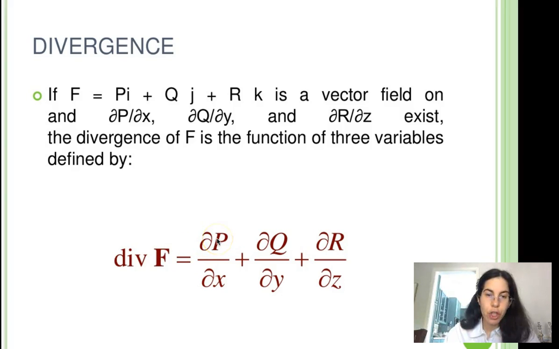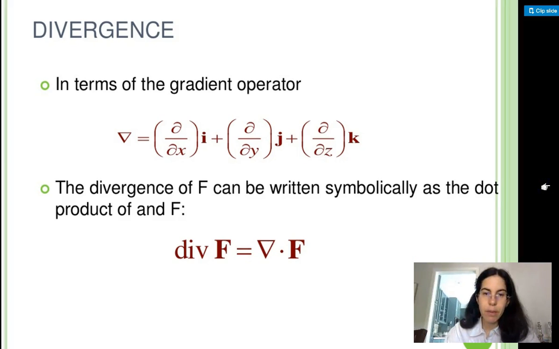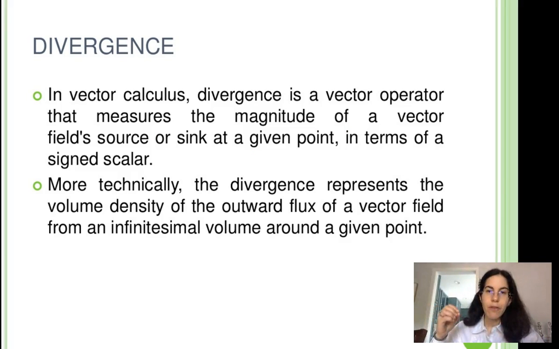The divergence shows the rate of change of the vector in the x, y, and z, the whole rate of change of the entire system. Given that this is a gradient operator here, this will tell you the net flow into or out of the system.